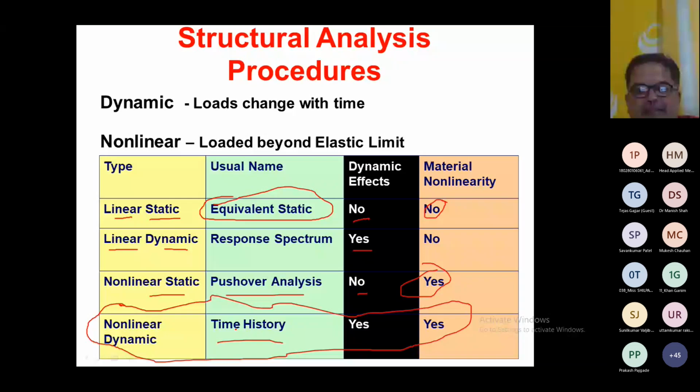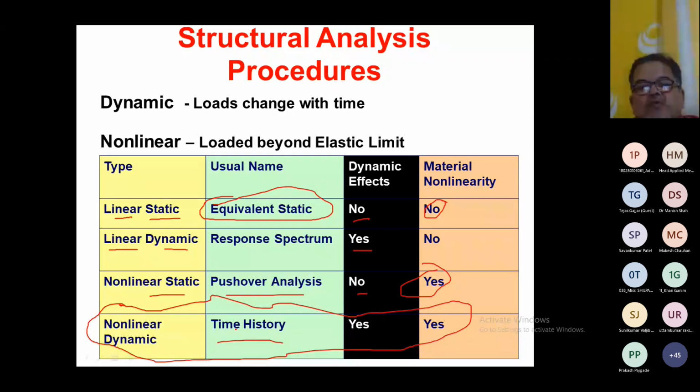Now just imagine if you are talking about any structure and you have more than 3000 degrees of freedom. Now when it's a 3000 degree of freedom system, your matrix size will be 3000 by 3000, and it is very difficult to analyze, right? So time history analysis gives you a better result as compared to others, but it is very time consuming, right?